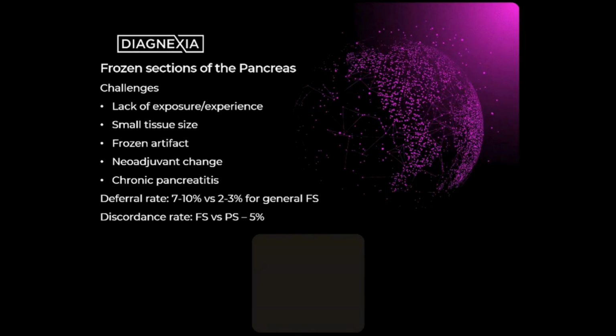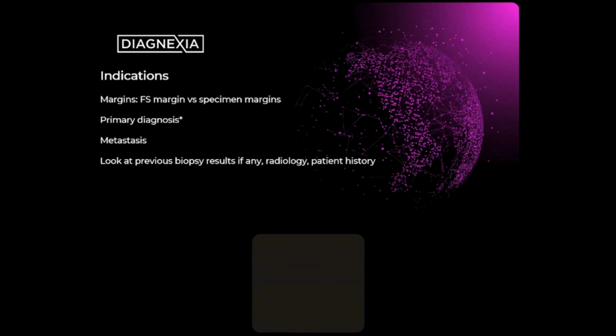In lung and breast and wherever else you're asked to do it, in the rest of the GI tract, it's pretty clear cut because it's going to be normal. So the discrepancy rate for pancreatic frozen sections is a magnitude higher than anywhere else. That just contextualizes the whole scenario of frozen sections of the pancreas.